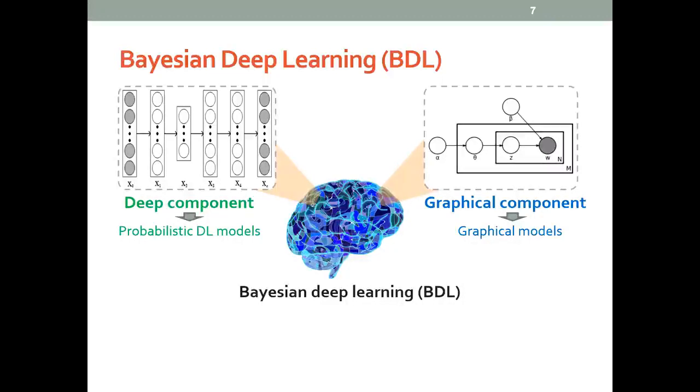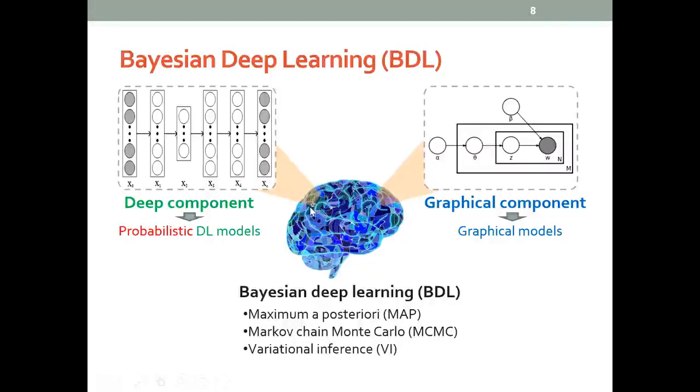And the graphical model will handle the conditional dependencies, modeling the causal relations between different variables. And note that this graphical component is probabilistic in nature. So in order for the deep component to be compatible with the graphical component, we also need it to be probabilistic.